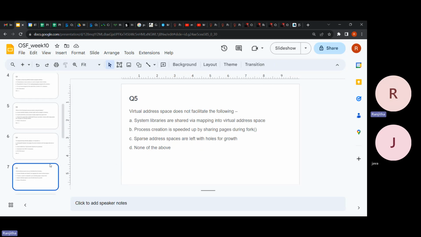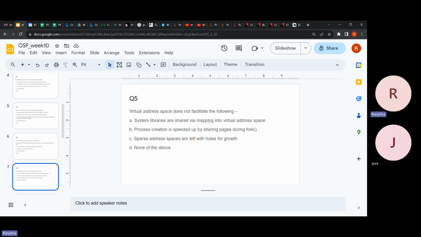Now, next question. Virtual address space does not facilitate the following. System libraries are shared via mapping into virtual address space. Process creation is speeded up by sharing pages.